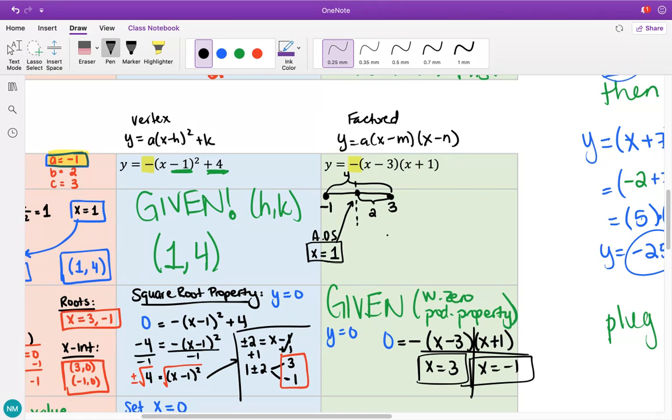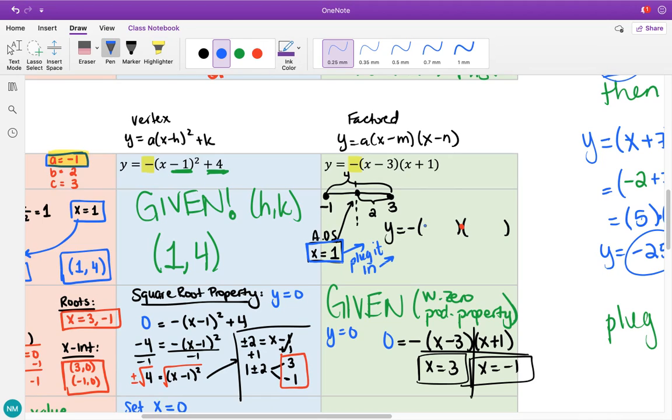Okay? So then I just plug that in. So now I have y equals negative, plug it in, plug it in, plug it in. And remember, this is being multiplied together.